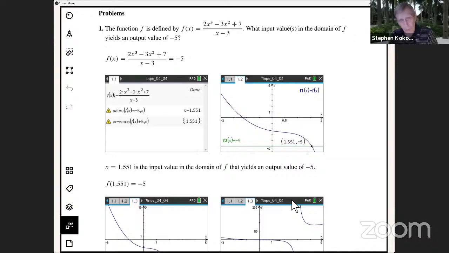And they must know that we have to find an input value x that when we plug it into this function, yields a value of -5. So what the student has to do here is to solve this expression, find a value of x that makes that true. Now we're going to assume that this is a technology active question.